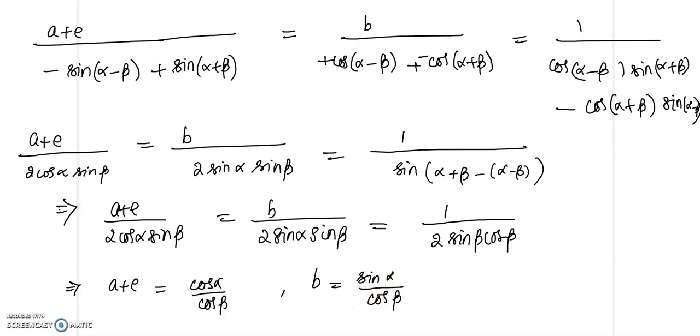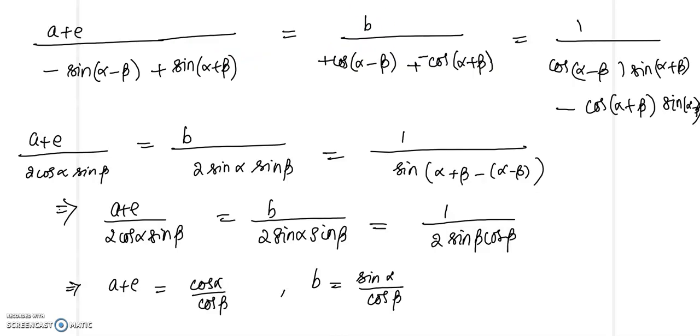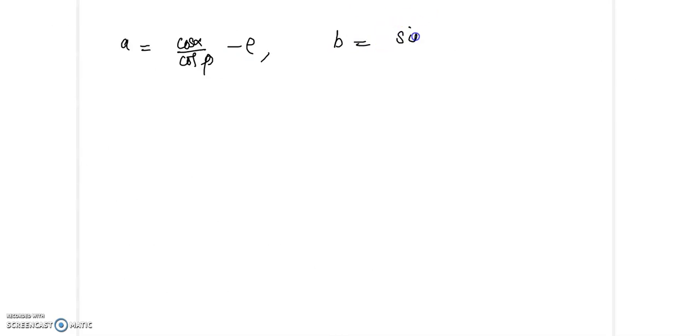So from here, let us take the difference, so A will be equal to cos alpha by cos beta minus e, and B will be sin alpha by cos beta. So let us substitute A and B into the equation.